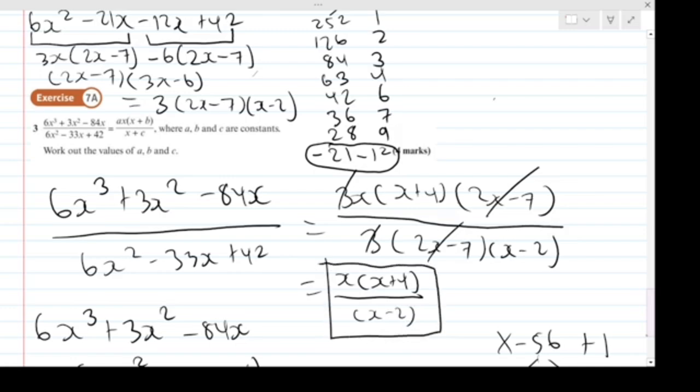Let's compare it with the answer. Indeed, that matches what they want the answer to look like. If we compare, the A part would be 1, B would be 4, and C would be minus 2. If you notice there, and there. And there we are. So that's our answer then.